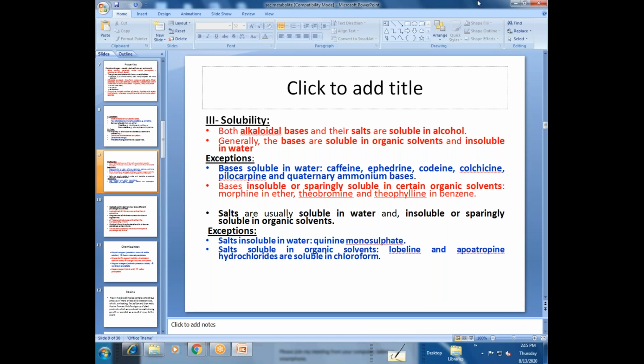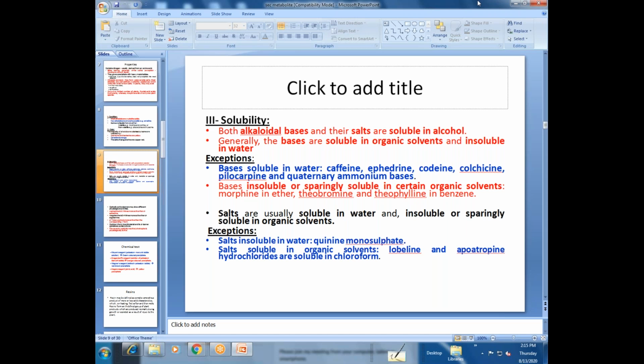Yes. Exceptions, can you read, Satvik? Ma'am, salts insoluble in water: quinine monosulfate. Salts insoluble in organic solvent: lobeline and apoatropine hydrochlorides are soluble in chloroform.